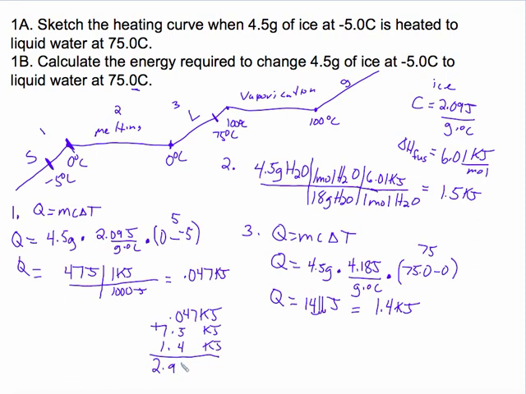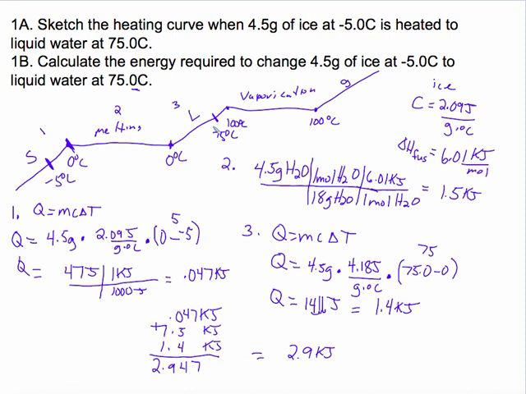And when I do that, I get 2.947, and I'm going to round my answer off to the nearest tenth. So that's going to equal about 2.9 kilojoules. Okay, 2.9 kilojoules is how much it takes to go from ice at -5 to liquid water at 75.